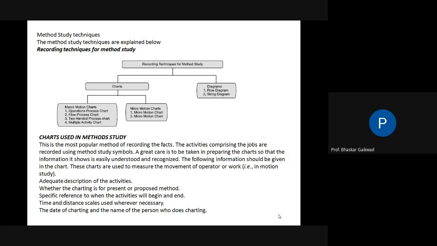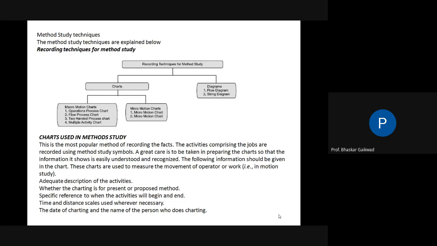Here two diagrams are there. One is the string diagram and the second is the flow diagram. String diagram is used for movement of the worker or movement of the material from the stores to the manufacturing unit. Okay, this is the movement.